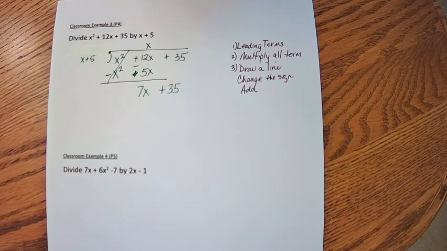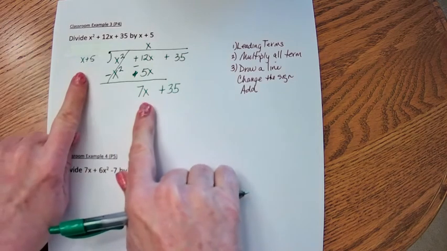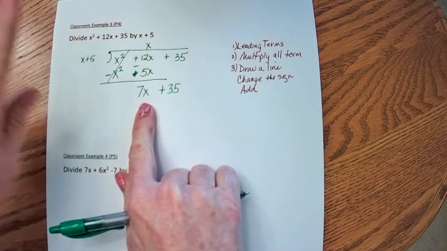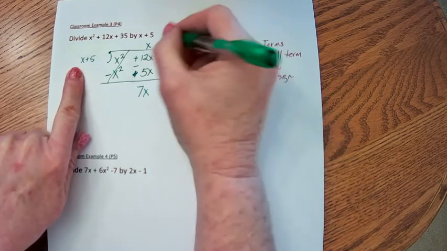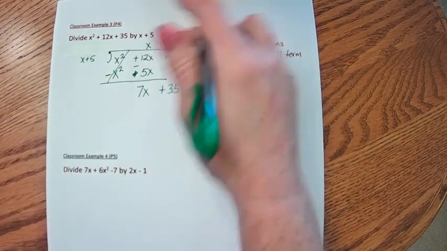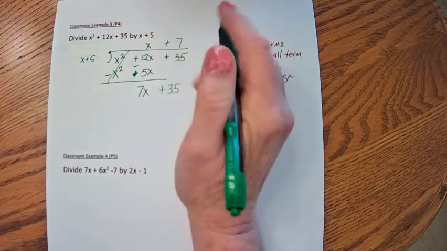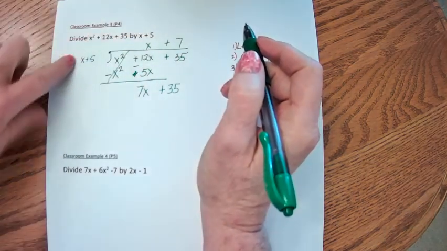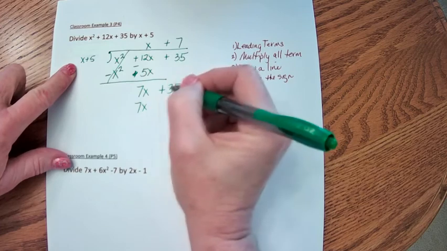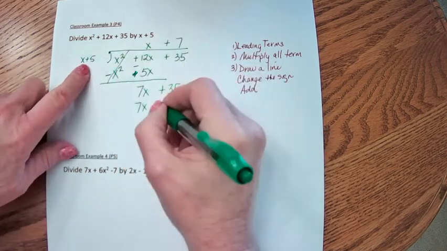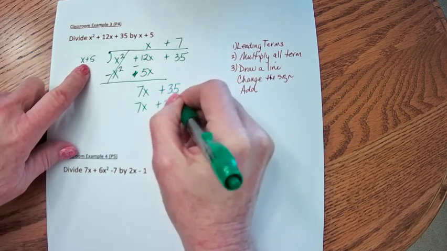And now you do it all over again. Leading terms. What do I have to multiply x by to get 7x? A positive 7. Since 7 is a constant, I'm putting it in my constant column. Now everything gets multiplied by 7. 7 times x is 7x. 7 times 5 is 35.